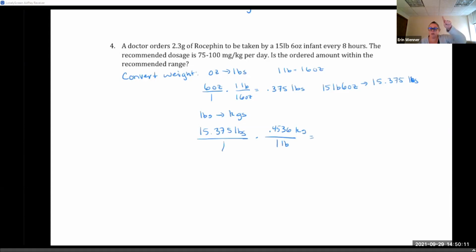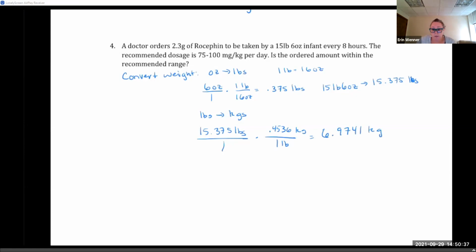It's okay if you did 1 kilogram and 2.2 pounds on the bottom instead. I'm just trying to be consistent in keeping my ones. So 15.375 times 0.4536, we get 6.9741 kilograms.